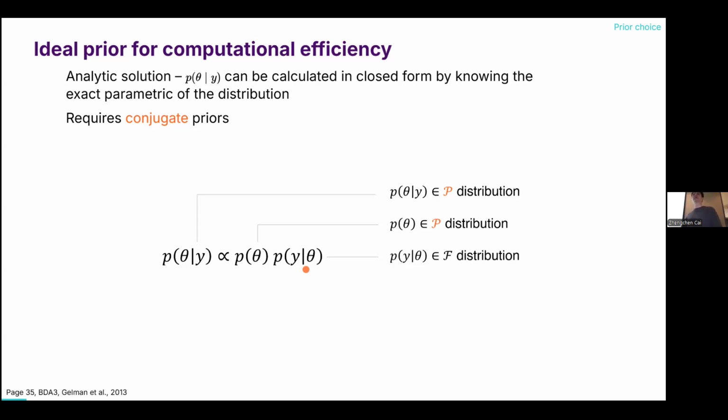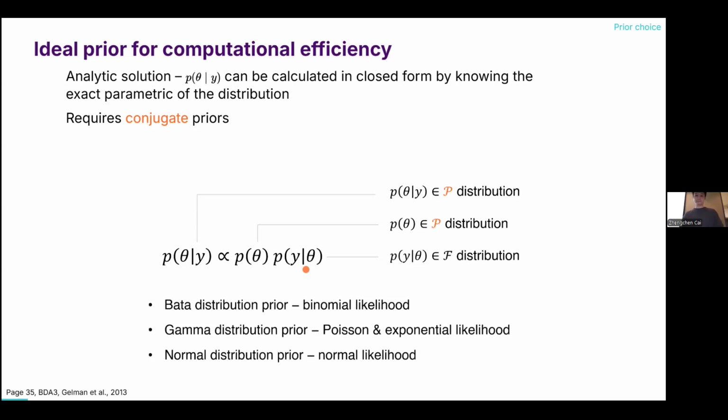This is convenient because you know the form of your posterior once you assume a prior. There are several typical examples of conjugate priors. For instance, a beta distribution as prior is conjugate for a binomial likelihood, a gamma distribution is a conjugate prior for a Poisson or exponential likelihood, and a normal distribution is a conjugate prior for itself. Okay.